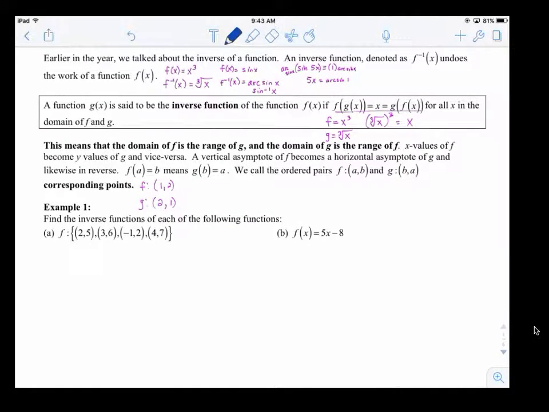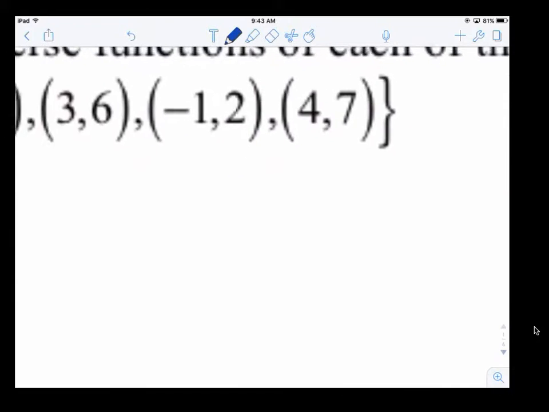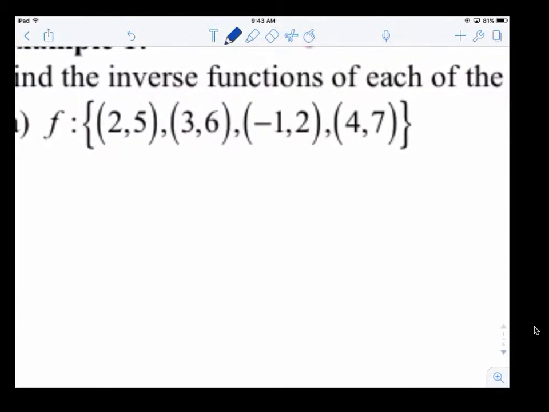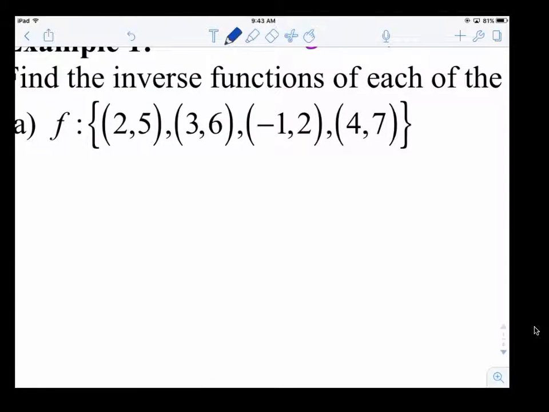All right, it says find the inverse functions for each of the following. If I know that f is that, and I know g is the inverse of f, what points would I know that g has? 5, 2.